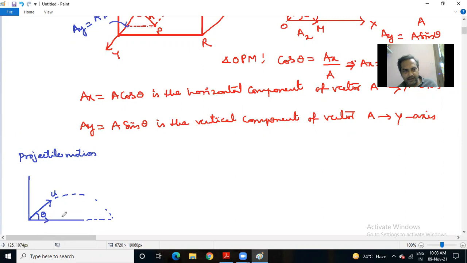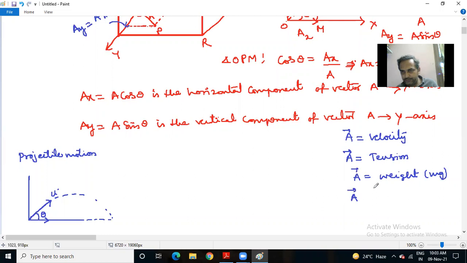Then A is u. That vector A can be velocity, tension, any vector. This vector can be weight, mg. This vector can be force F, because a vector is a physical quantity that depends on direction. Even this vector can be surface tension.